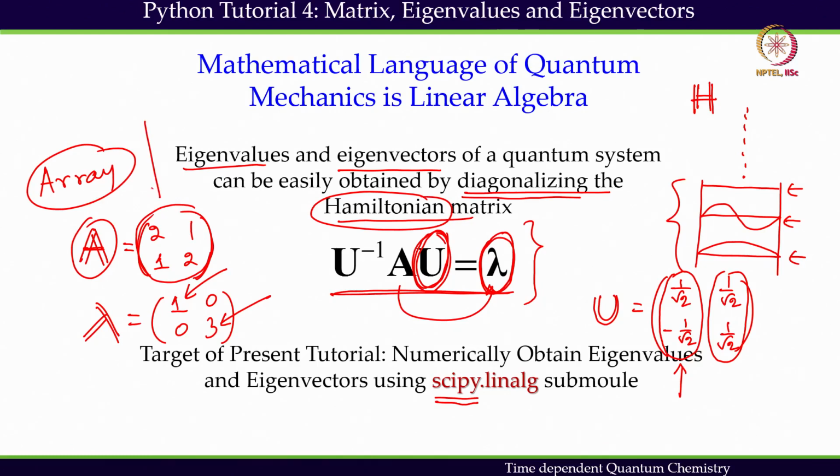To represent this matrix in Python, we have to import SciPy and then represent it in terms of an array. To solve the eigenvalue problem and find the eigenvalues and eigenvectors, we have to use the SciPy linear algebra submodule, expressed as scipy.linalg.